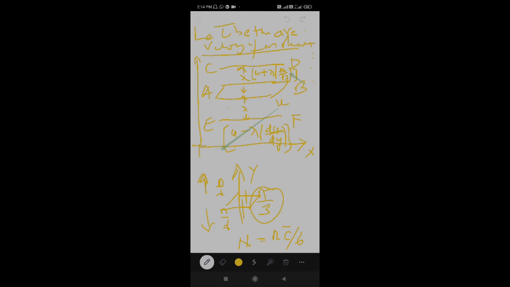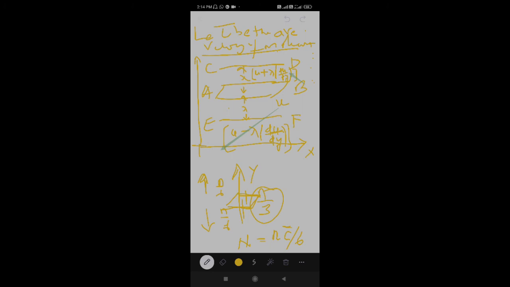What we have done here is multiply this n by 6 with c bar. This gives the number of molecules moving upwards or downwards through the unit area of this surface per unit time.